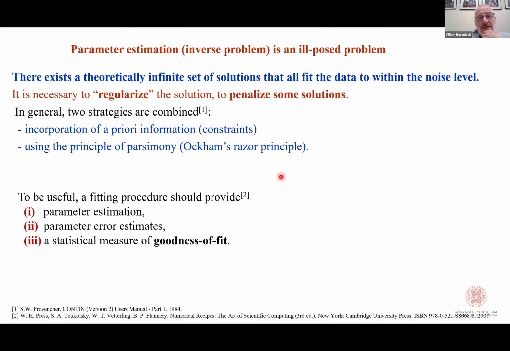Another piece of information typically used is the parsimony principle, or Occam's razor principle, which means that among all the possible solutions obtained by the fit, you choose the solution with less detail, because statistically, if you assign a probability to each detail, the final probability of a distribution is the product of these probabilities. Between two solutions fitting equally well, the one with less detail is the most probable from a statistical point of view.